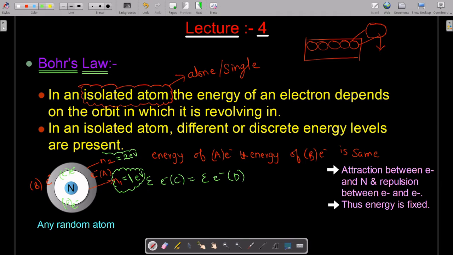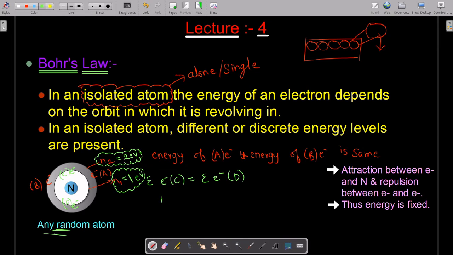Mark my words, this is what we have assumed; this won't be true in a real-life scenario. Forget about the atom, any random atom you can consider. As you can see, in an isolated atom, different or discrete energy levels are present.